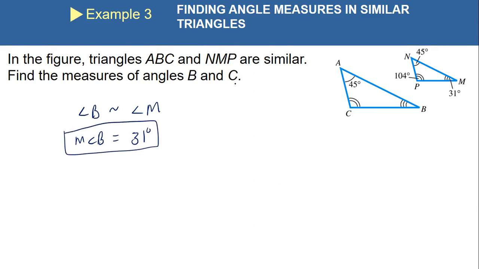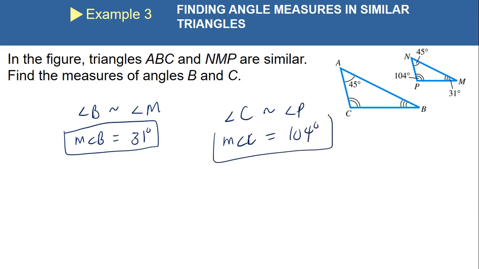C, so angle C is similar to who? To angle P. Therefore, the measure of angle C equals 104 degrees. And I can state this because of angle, angle congruency. Yes?